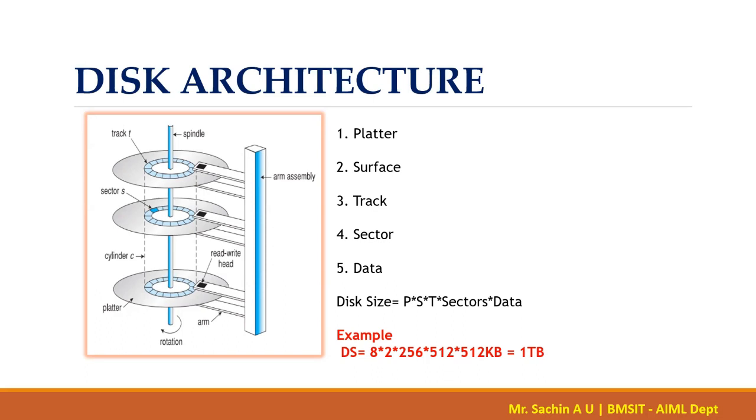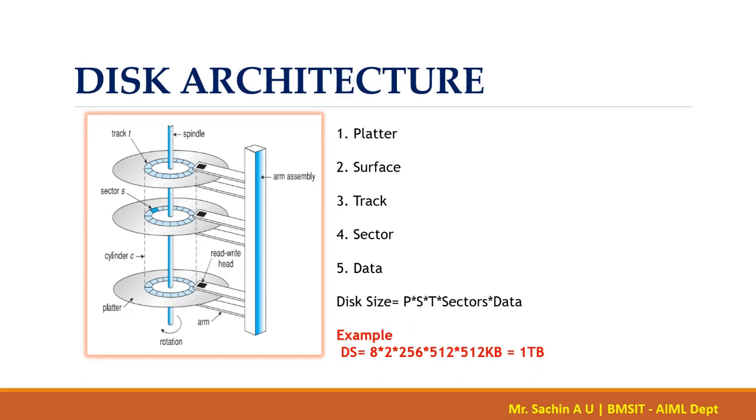If I want to listen to the entire song which is present on the second track, that means your platter will be rotating clockwise at a certain speed, so that you can easily listen to that song completely, right? So if the read write head is on the eighth track, that means you are listening to the eighth song.